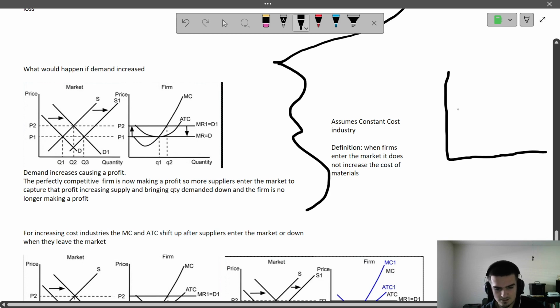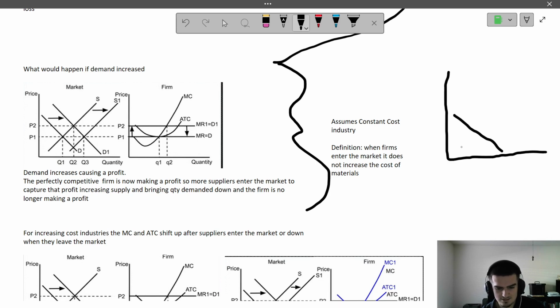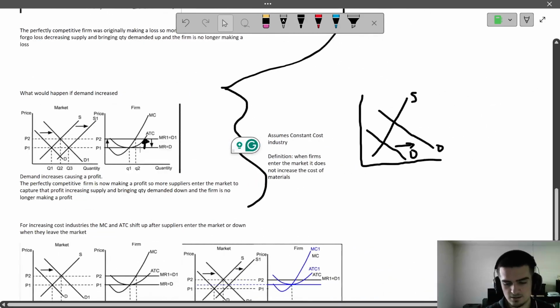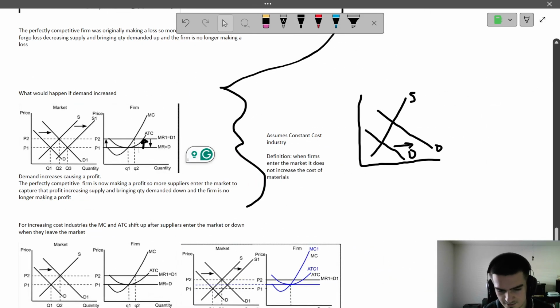But let's say we had something like this. Supply, demand. What happens if demand increases? Well, then this goes up. And then now the firms are making a profit. Well, what happens when the firms are making a profit? Then more suppliers enter the market. So then we have our supply increase.